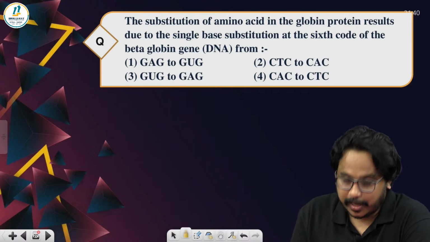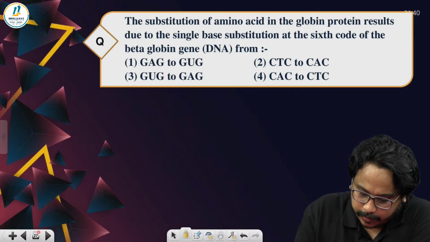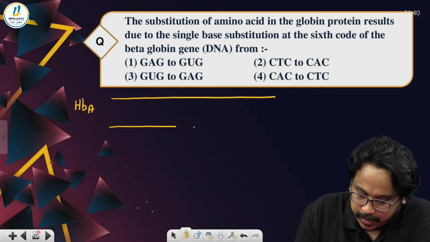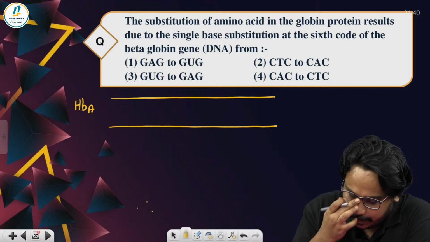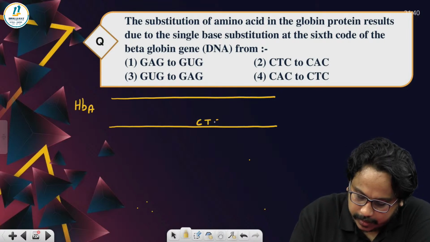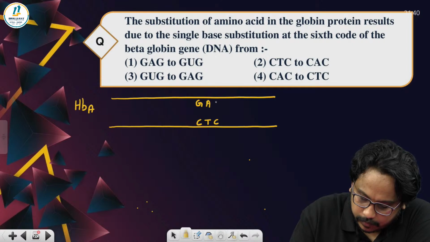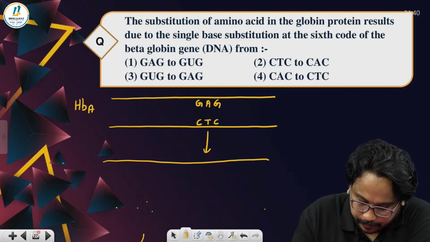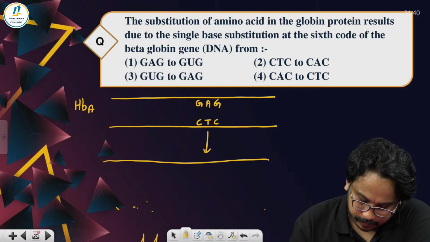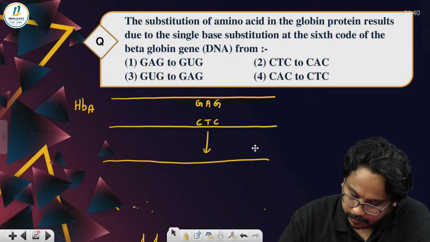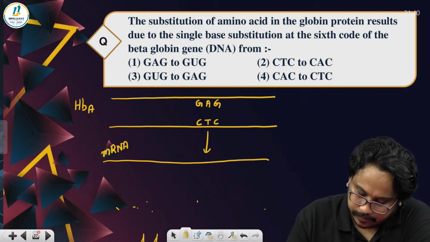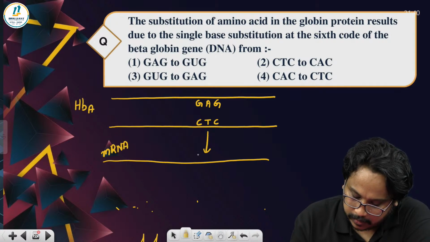Sickle cell anemia is an example of point mutation, where you should understand a person having the HBA gene, in the HBA gene the DNA will have CTC, the 6th codon will be CTC, and this CTC will result in the formation of mRNA, that is again GAG.